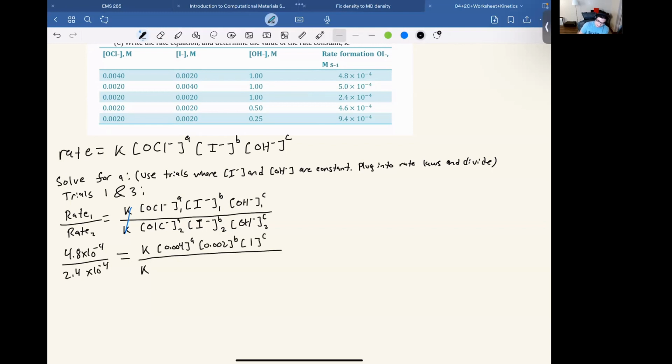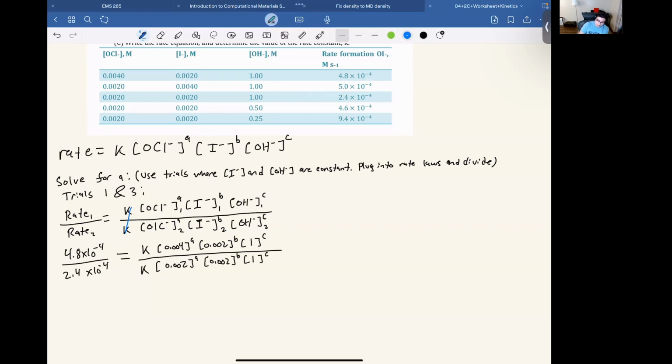Hydroxide is 1 to the C power. You can put the decimals in. Yes, it's important for sig figs, but I'm not going to. On the bottom, we have 0.002 to the A power. The iodine and the hydroxide are the same as desired.